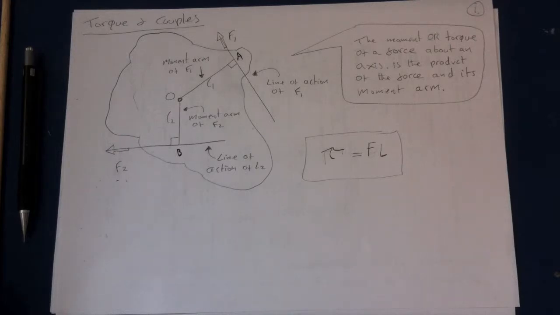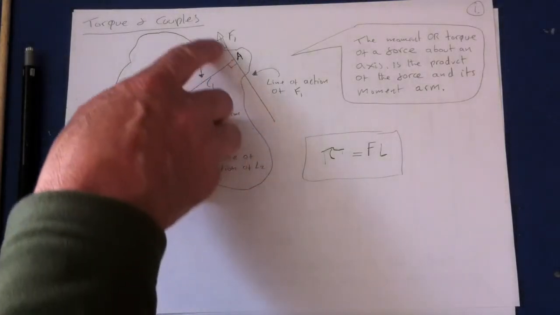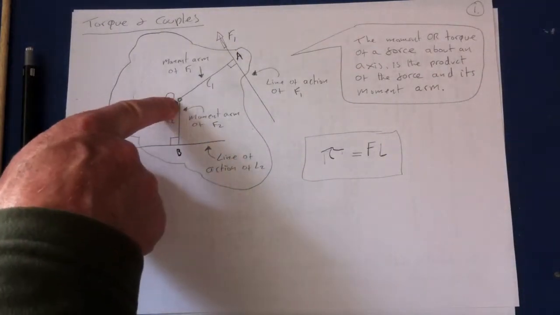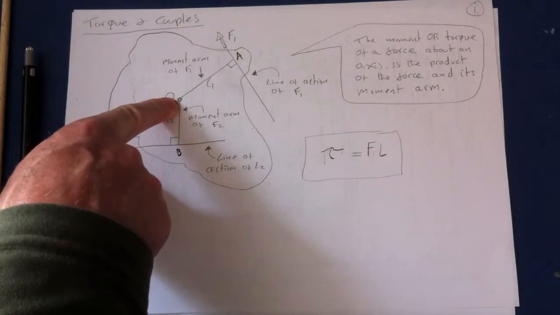In the diagram, F1 and F2 act on the body. Both forces act along lines that lie in the plane perpendicular to the axis. So here we have force F1, force F2, and there's the axis right in the middle of this object.